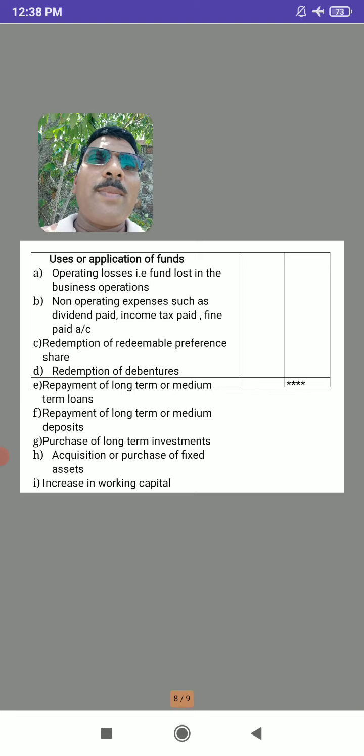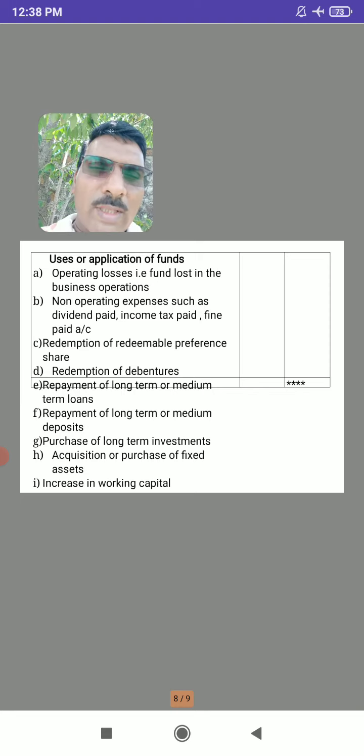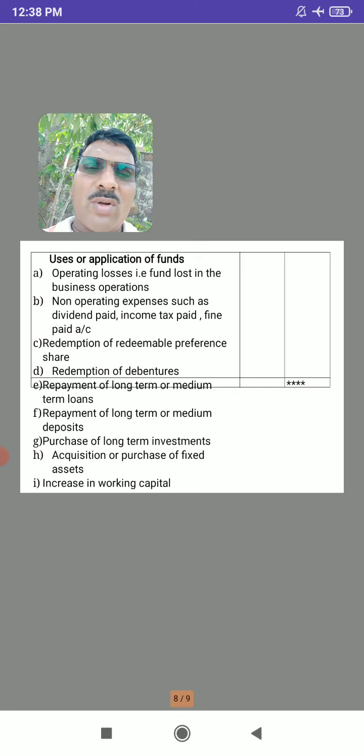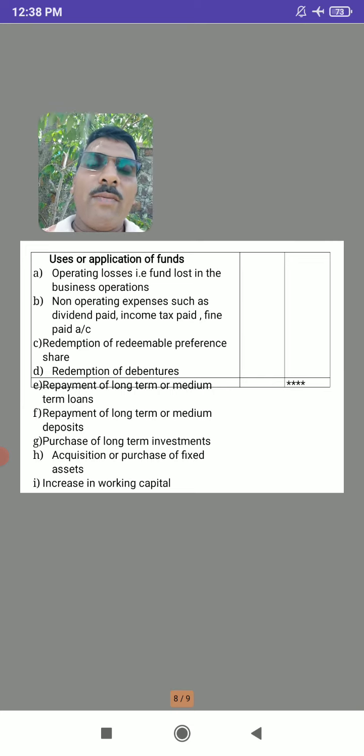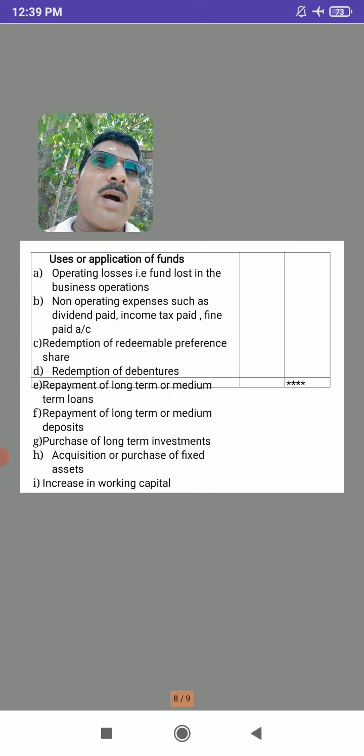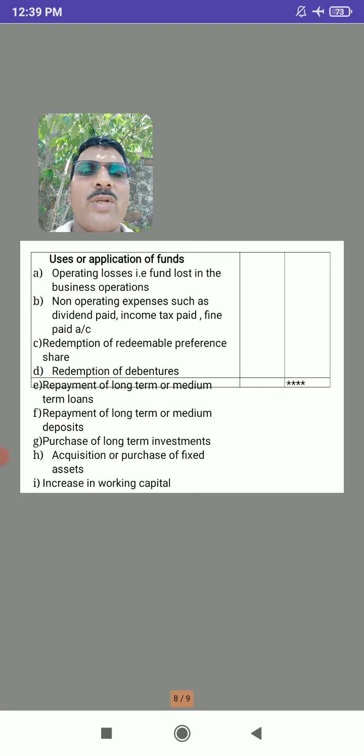Whenever the word application comes, we have to think that application means the fund is flowing out, because whenever funds flow out of the business, it is called application or use of funds.